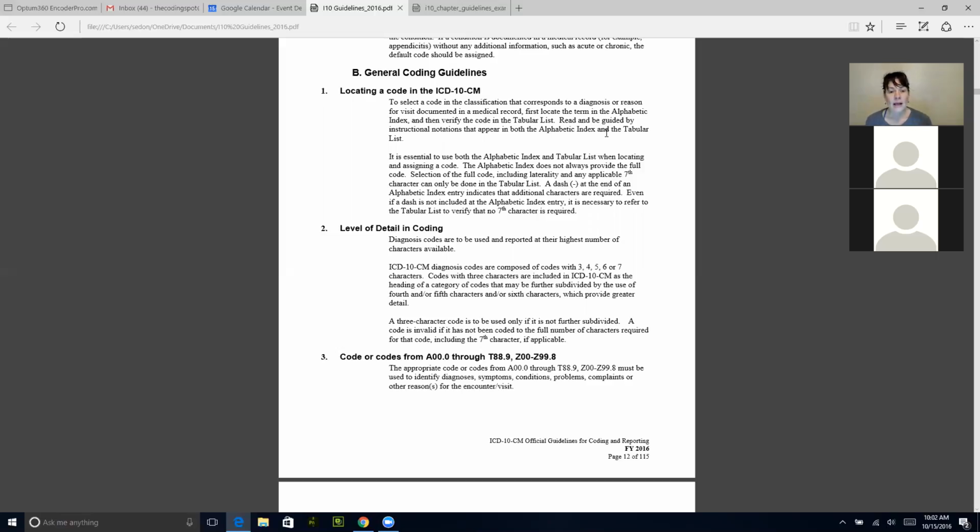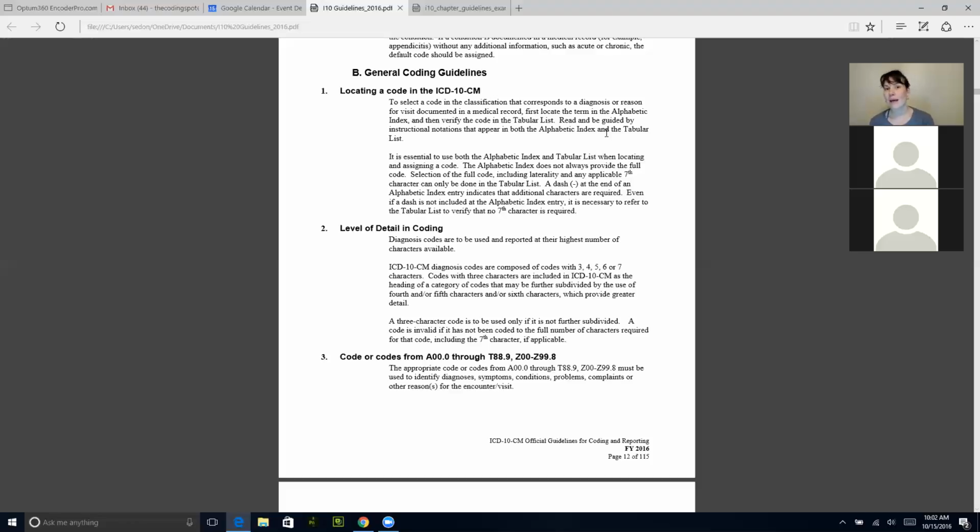So to select a code in the classification that corresponds to a diagnosis or a reason for a visit documented in the medical record, first you locate the term in the alphabetical index, and then you verify the term in the tabular.